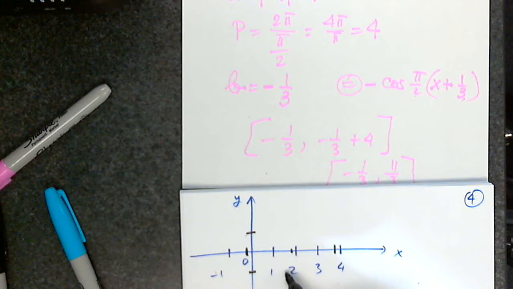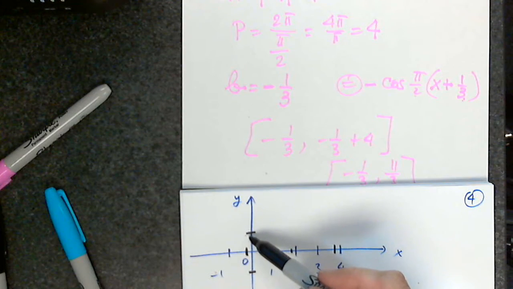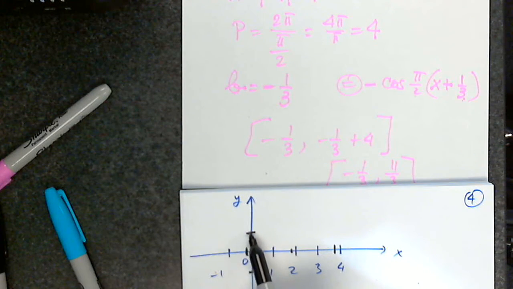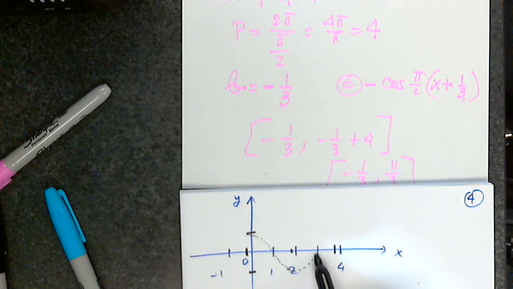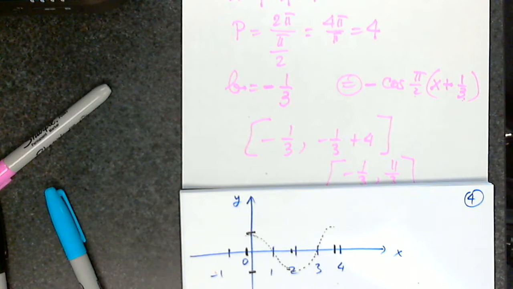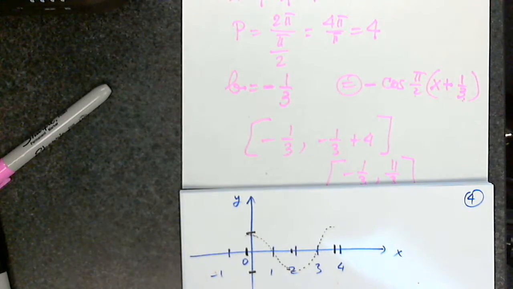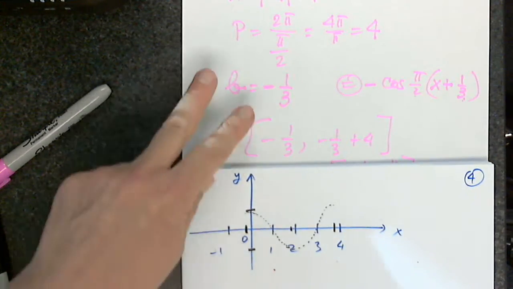It's like a vase, right? Something like this. But instead, that negative in front will flip the graph over the x-axis.